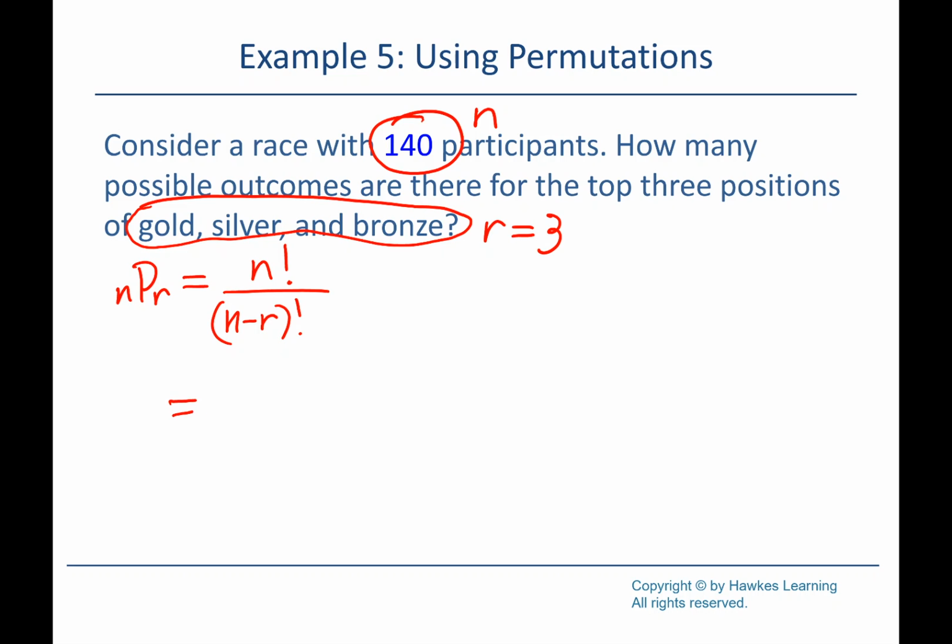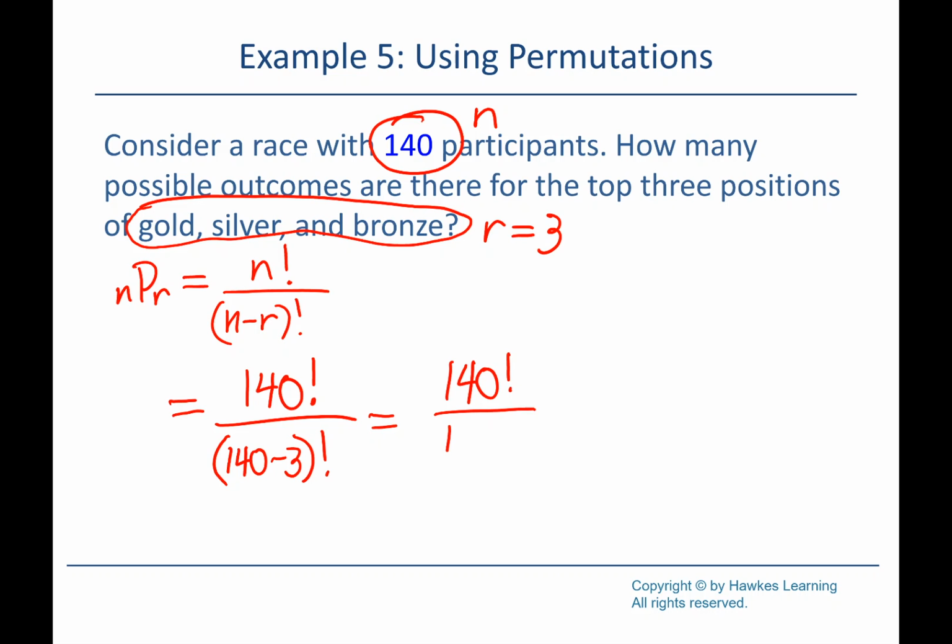Okay, so for our formula, we'll have 140 factorial, huge number, divided by 140 minus 3 factorial. We can simplify that. That's 140 factorial over 137 factorial. And the same thing with the cancellation happens here. So on the top, all the terms 137 or smaller are going to cancel.